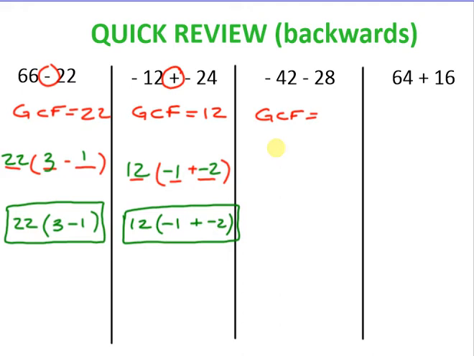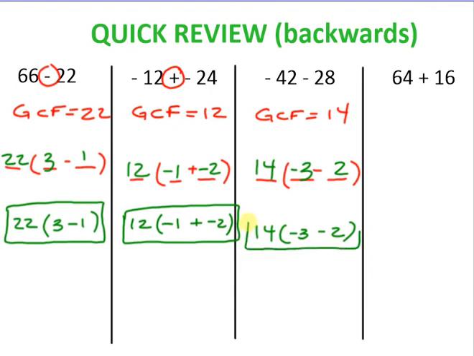Our GCF is 14, not 7. All right, so let's go ahead and set up our forwards distributive property, minus sign on the inside. So 14 on the outside. Negative 42 divided by 14 is going to be negative 3. 28 divided by 14 is 2, and then we're going to write it neatly.